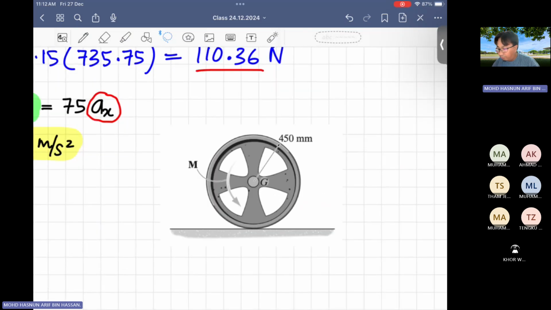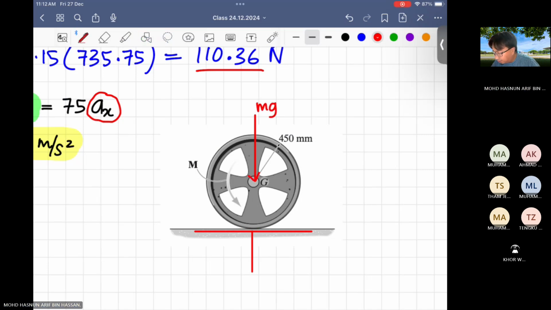So we need to draw the free body diagram again. We have the mg, we have the Na here, and we have the friction down here. So this is mg, this is Na pointing up, this is the friction pointing to the left, and we have the moment.